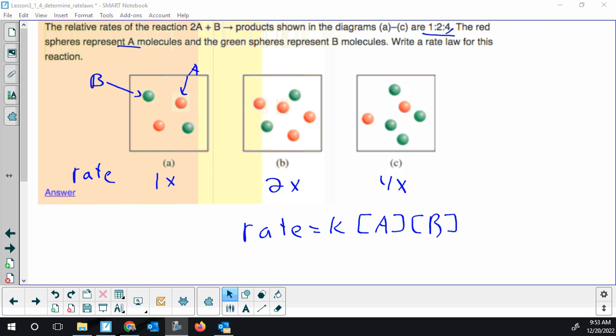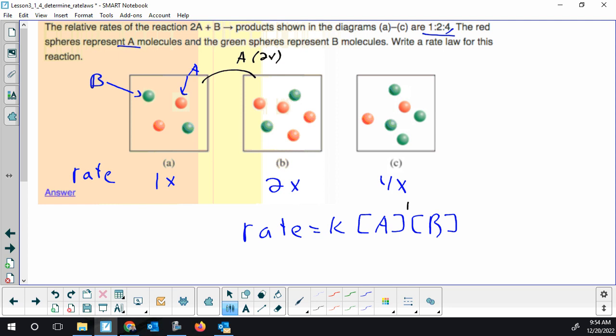Let's analyze from A to B. What's going on in A to B is the green spheres stay the same. So B is our controlled variable. What does A do? It goes from 2 to 4. So A, chemical A, is doubling. And what does the rate do? It doubles. So you double A, the rate doubles. That's first order kinetics for A.